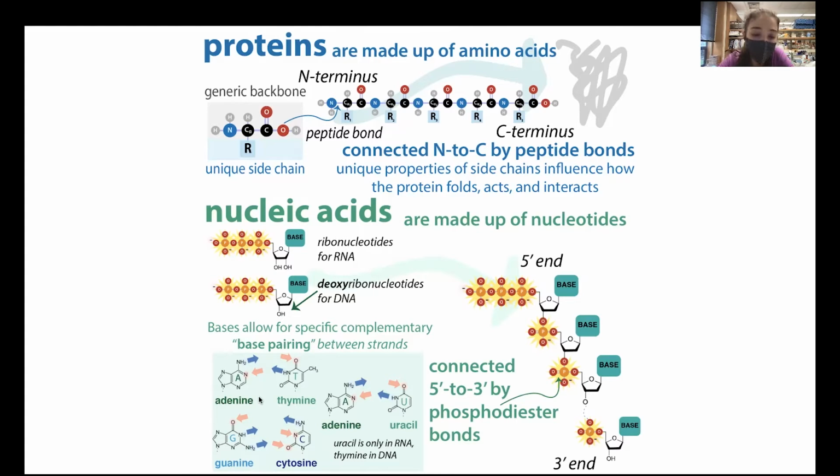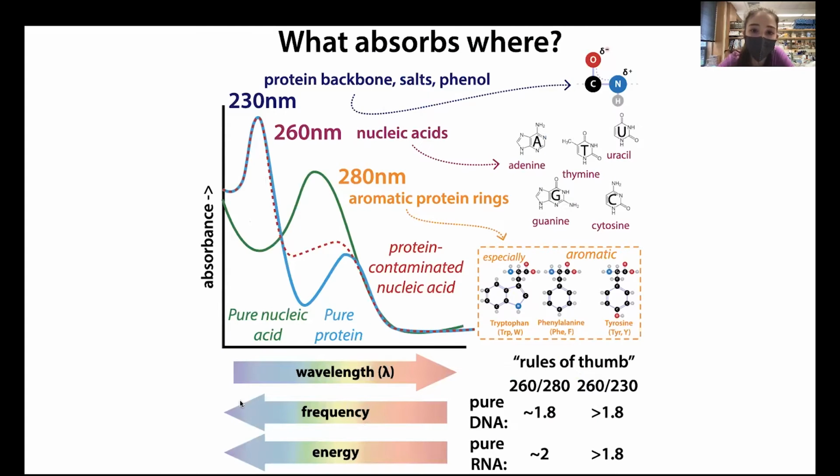The places where you'll find such conjugation are the aromatic rings of the bases of the nucleic acids and the aromatic rings of proteins. And then you'll also get some absorbance at the protein backbone.